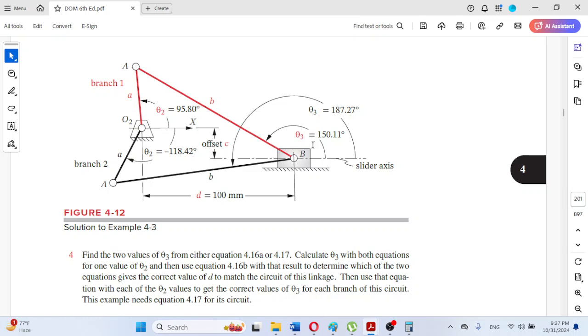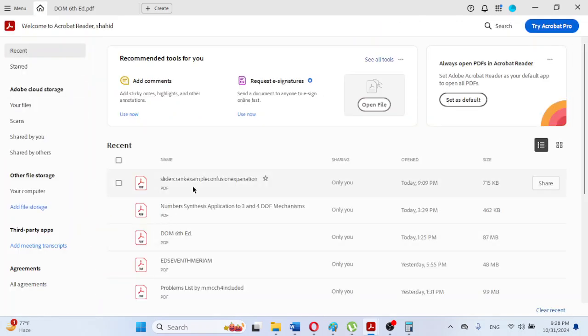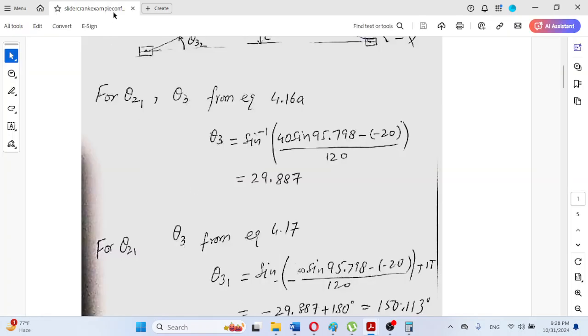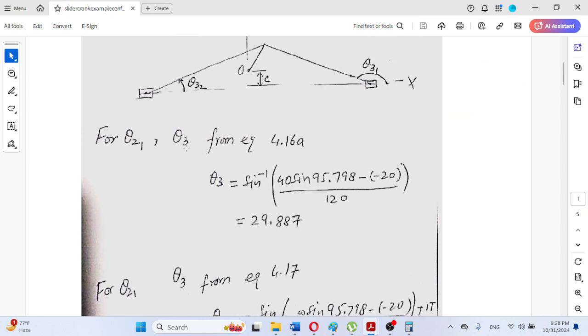The correct angle is 150.11. So that means this equation 4.16a is not giving the correct value.